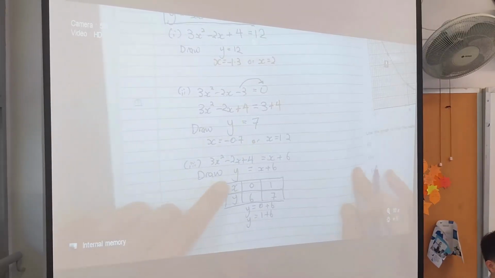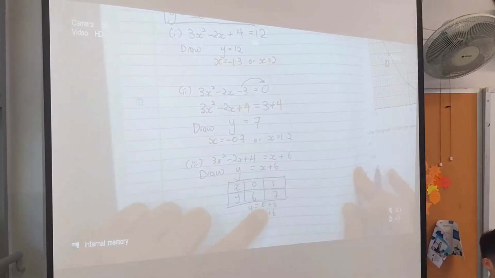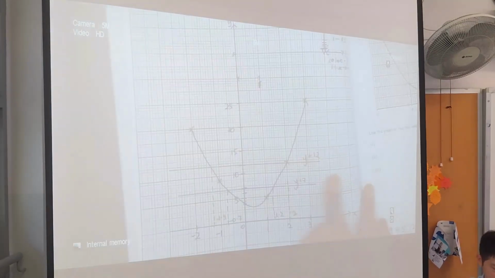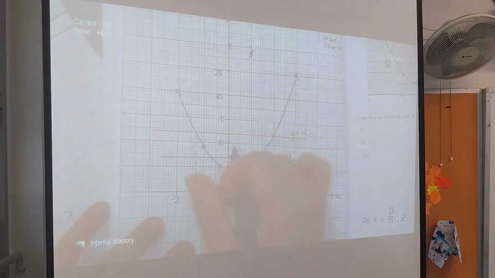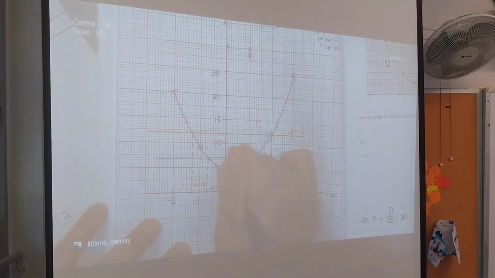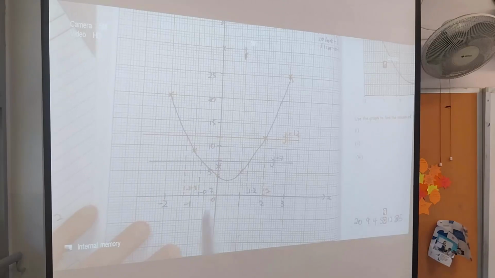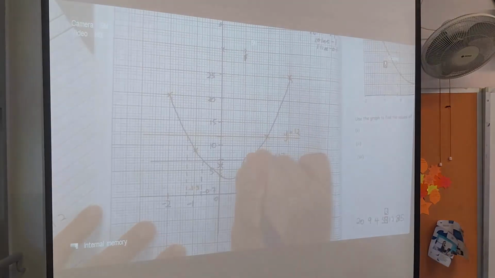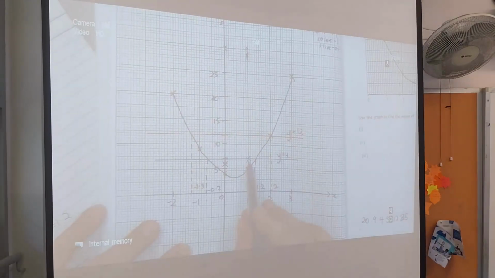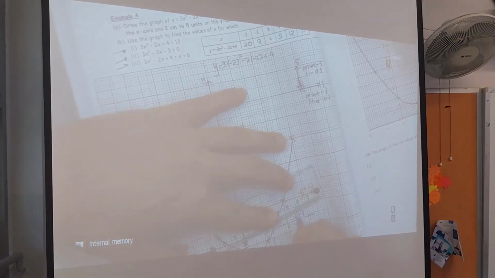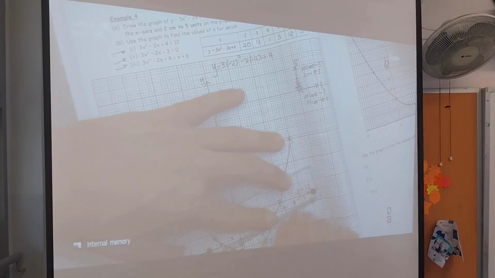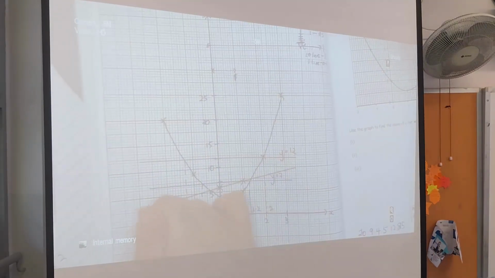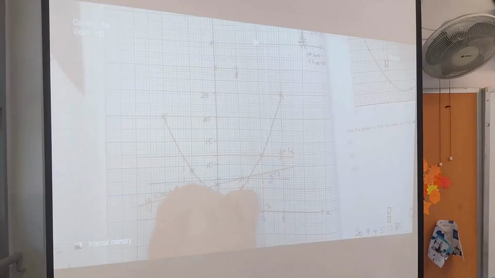So I will plot 0, 6 and 1, 7. Here, 0, 6. 1, 7 is down here. Okay, so this will be my y equals x plus 6.